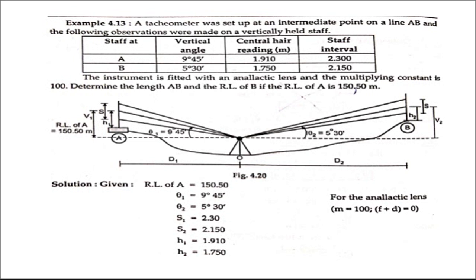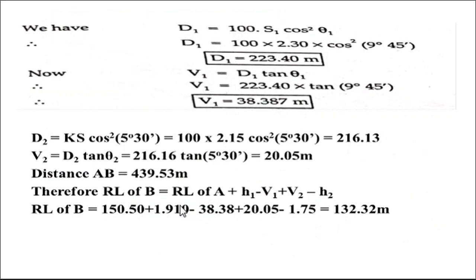Okay, so see here how we have calculated: RL of A plus H1, the central hair reading, we have added, minus V1. So with this we will get the RL of the horizontal axis of the instrument.